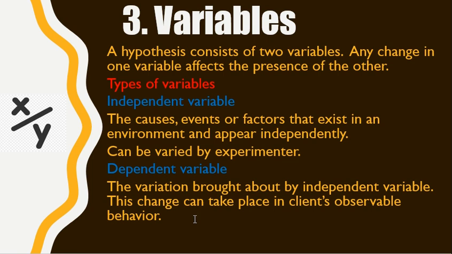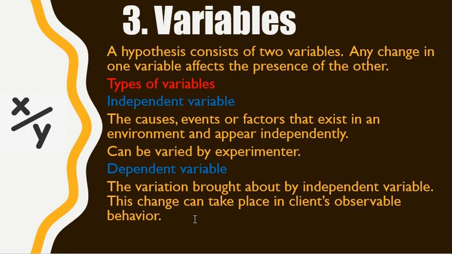Clear? Similarly, there can be so many other examples. The intensity of the fever is a dependent variable because it is subject to the severity of the infection. Okay, hope it is clear.